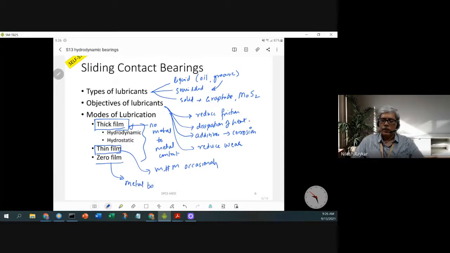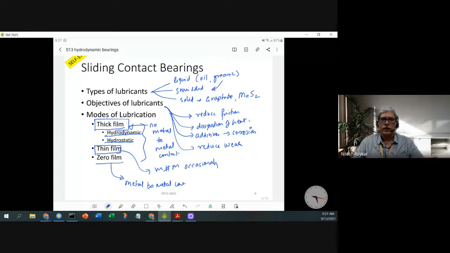The thick film bearings which we are talking about are of two types. One is hydrodynamic, where there is no external pressure supplied to the oil, and the other is hydrostatic, where external pressure is supplied to the oil. Although the hydrodynamic action will be there, the external pressure would provide the majority of the load bearing capacity.